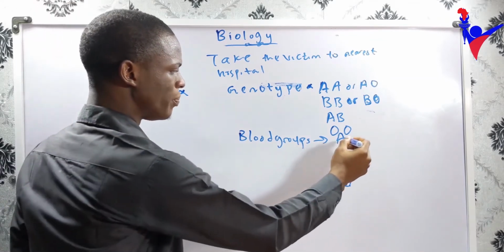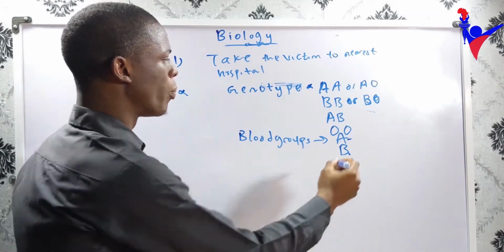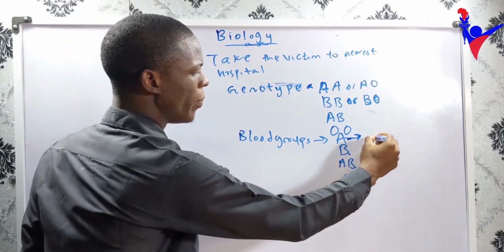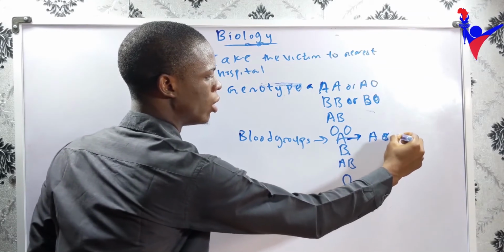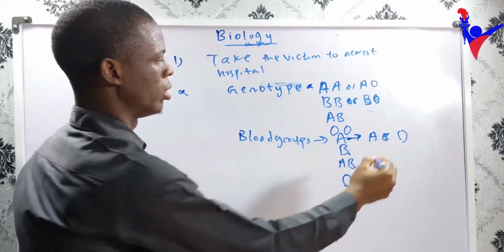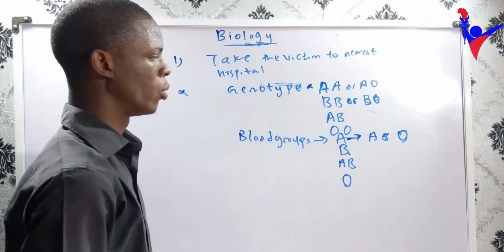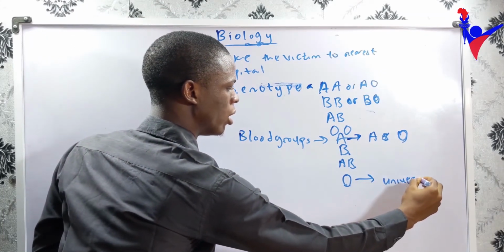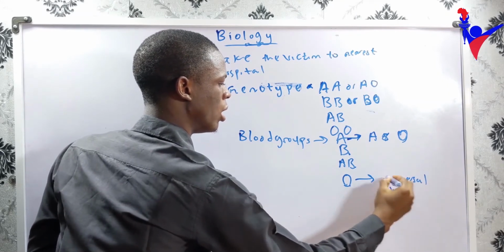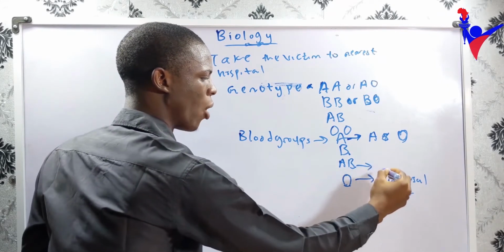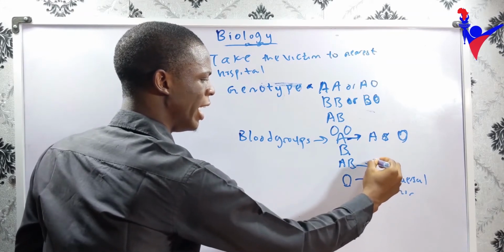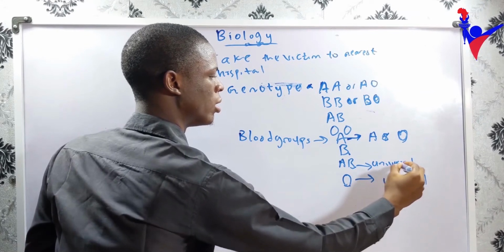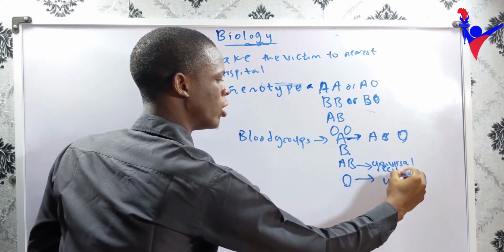For example, a person with blood group A can only receive blood from blood group A and O. Why is it possible? Our O is a universal donor and our AB, from your knowledge of biology, is a universal recipient.